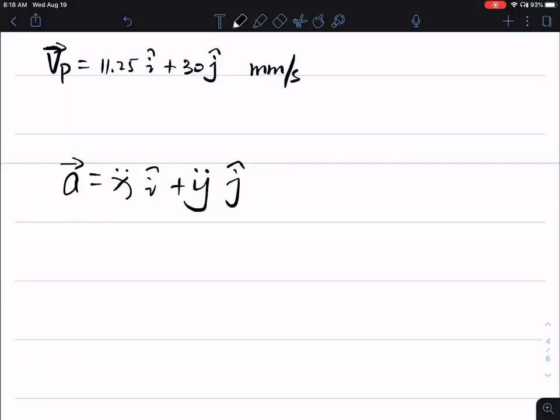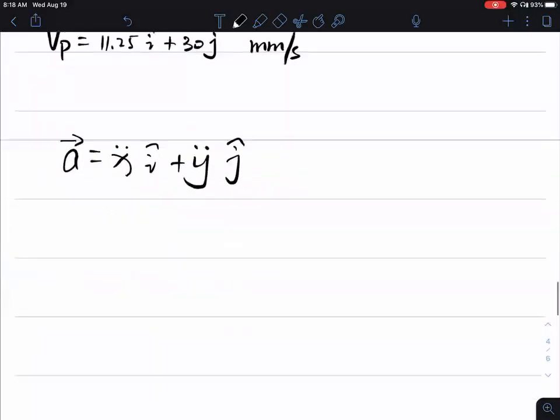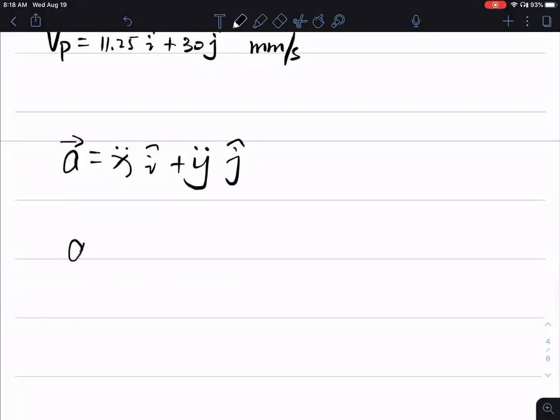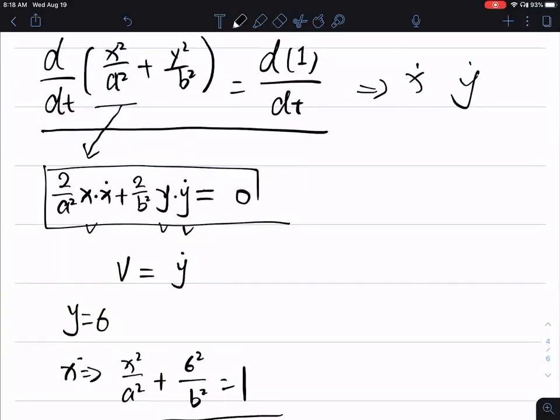Do you remember what we just did to find x double dot? Do the same thing to that expression here. Now we want to take the derivative with respect to t of this equation.